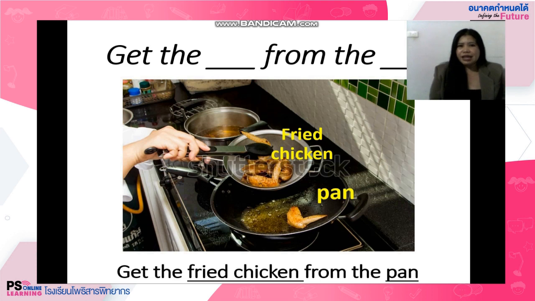Remember that after get the, the next word should be the food, okay? And then after from the, the last word should be the thing where you cooked the food. Okay, so this is get the fried chicken from the pan. Okay, copy that on your notebook. I'll give you another example.